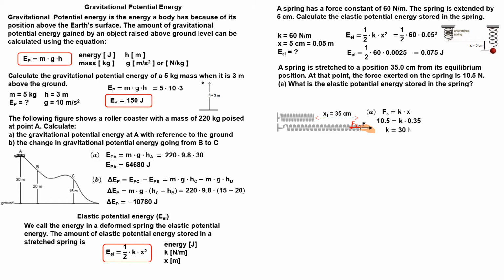We now use the formula for the elastic potential energy to find the elastic potential energy for a stretch of 0.35 meter. The energy stored in the spring at the initial stretch is 1.84 joules.